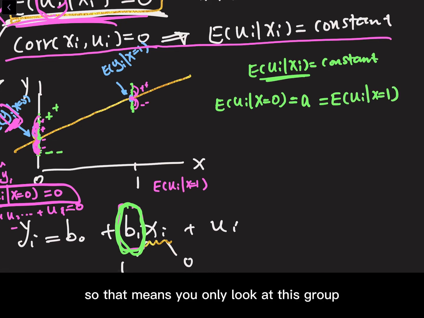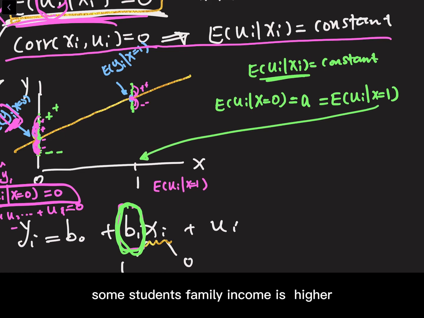So you only look at this group: some students' family income is higher, so the test score is higher; some is lower, so the test score is lower. Their errors could be positive or negative, but the average is A.